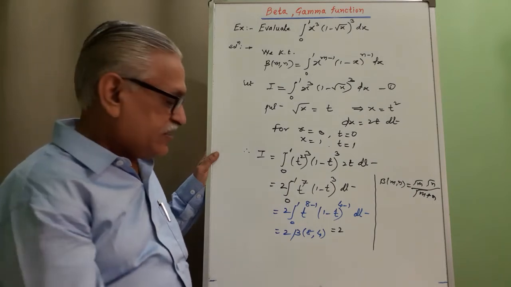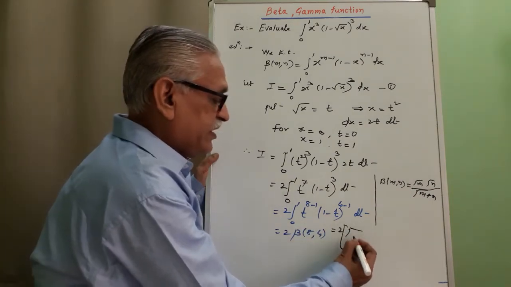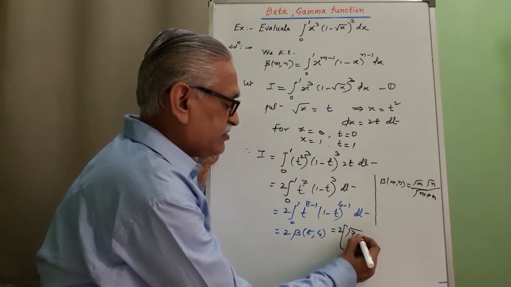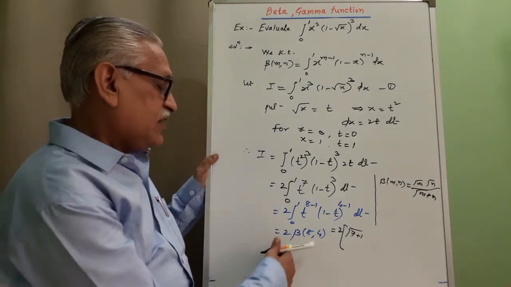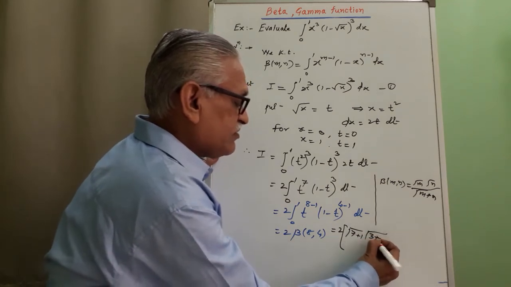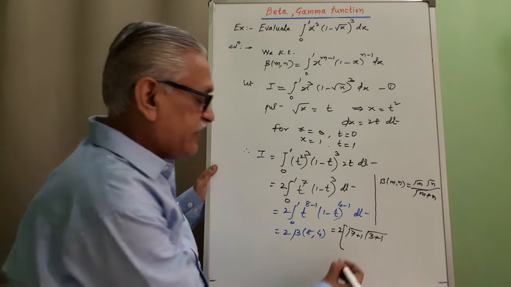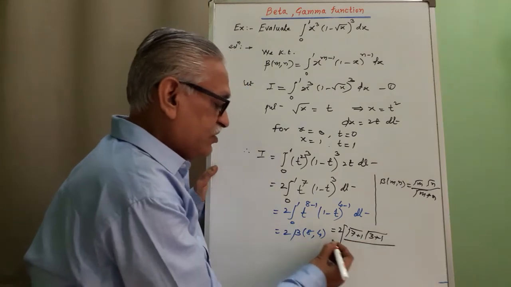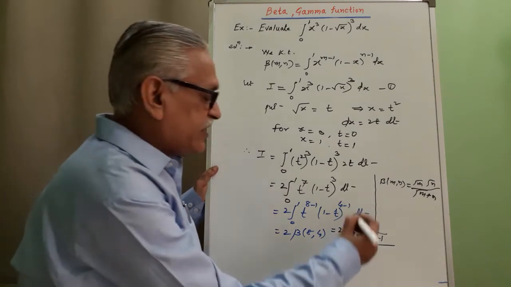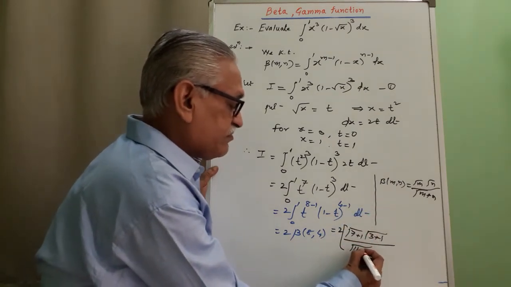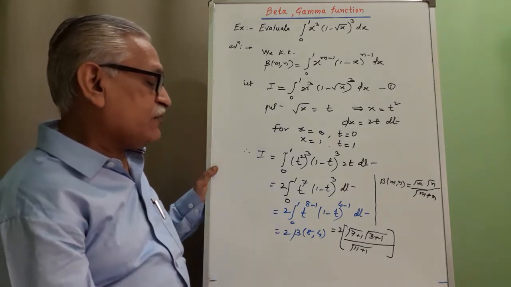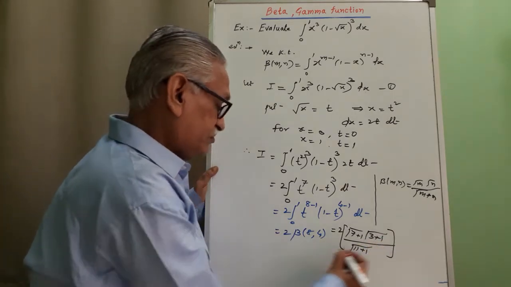Using this relation, I can write 8 as 7 plus 1, gamma 4 as 3 plus 1, and divided by gamma of the sum of these two, that is 12, 8 plus 4. 12 I can write as 11 plus 1.